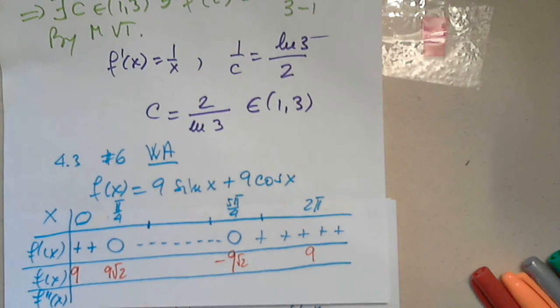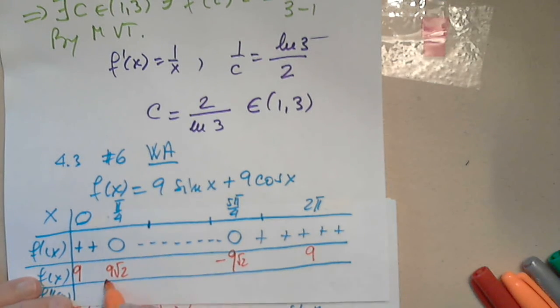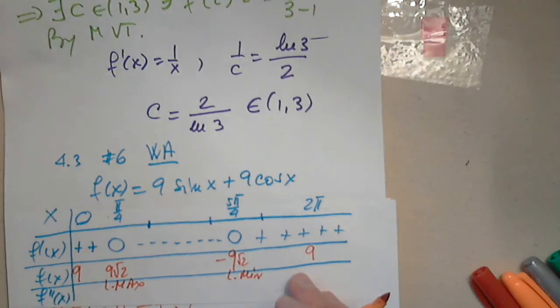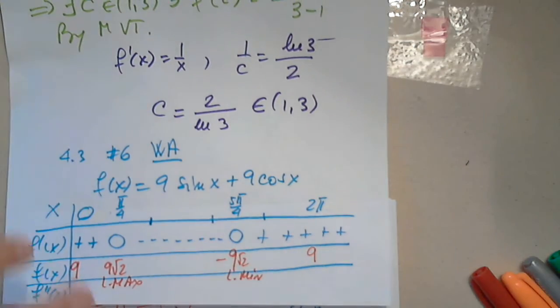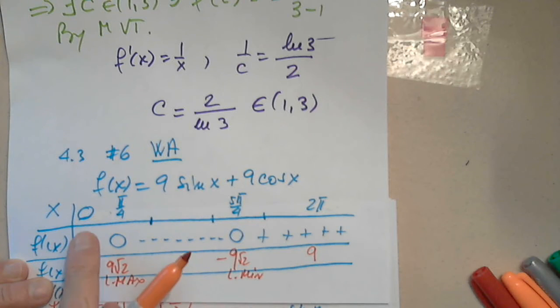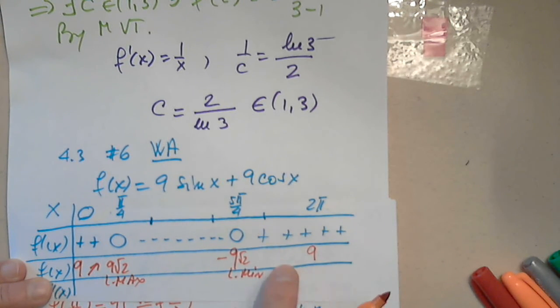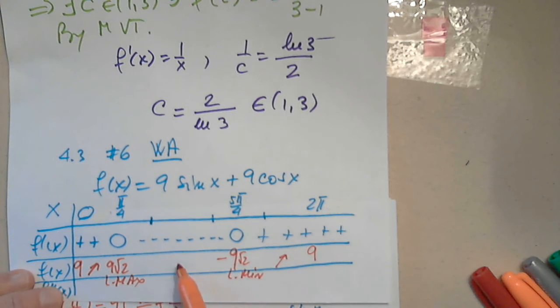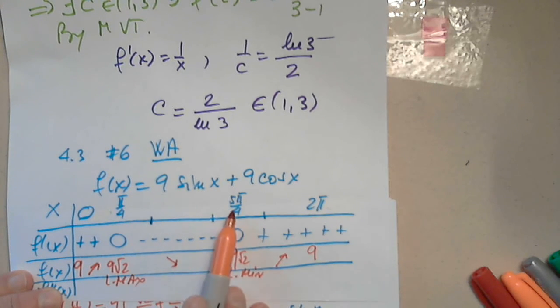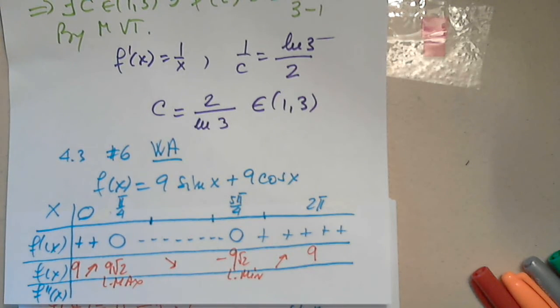Okay, so we know that this is a local max, and this is a local min. We know the intervals of increasing. The function is increasing between 0 and pi over 4 union 5 pi over 4 to 2 pi, and it's decreasing between pi over 4 and 5 pi over 4.